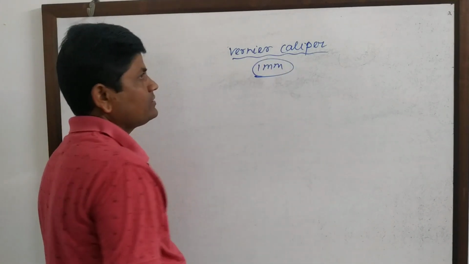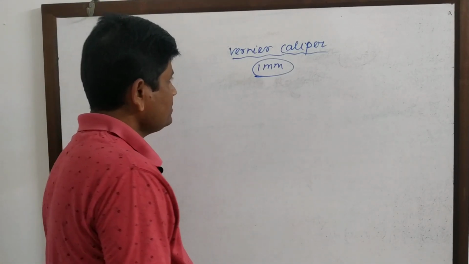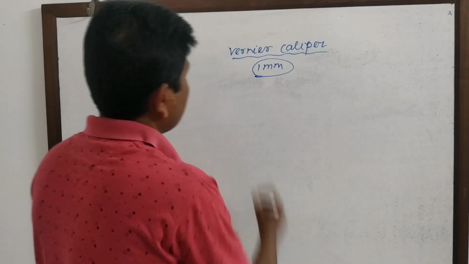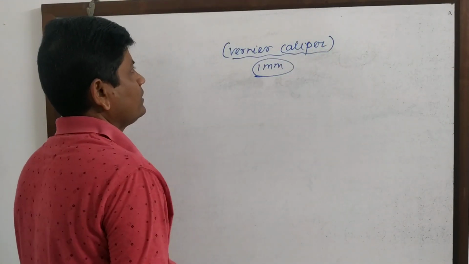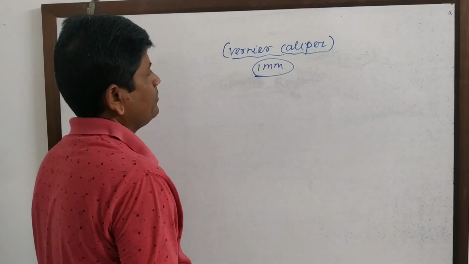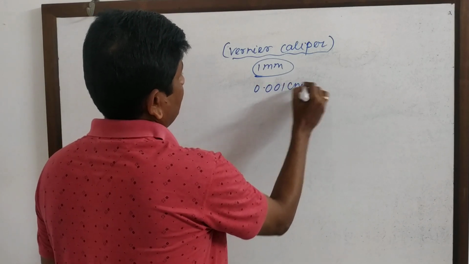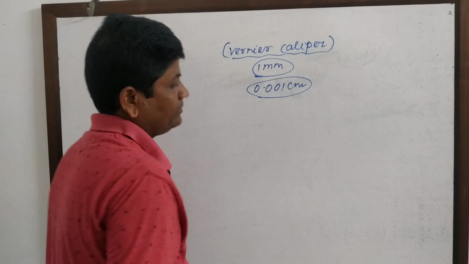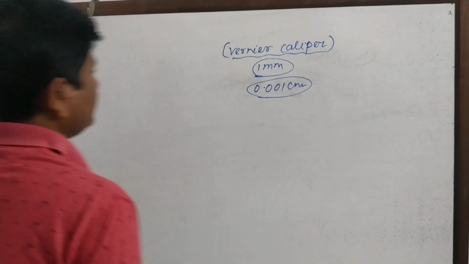Further than that, it cannot measure. In order to avoid this difficulty, the vernier scale was invented. This vernier scale can measure up to 0.001 cm or further. Now we'll see what is the mechanism behind it.